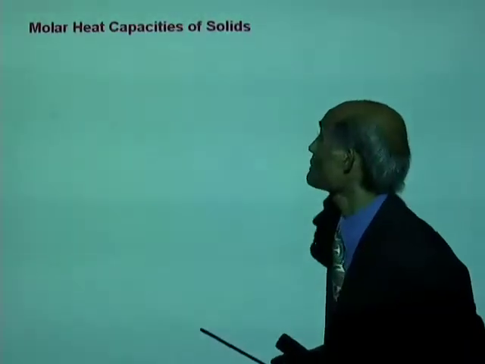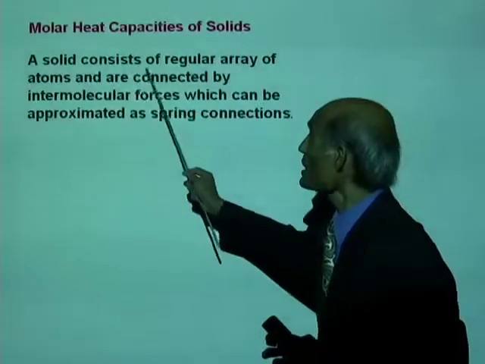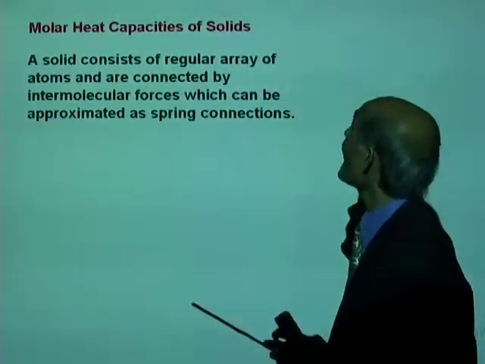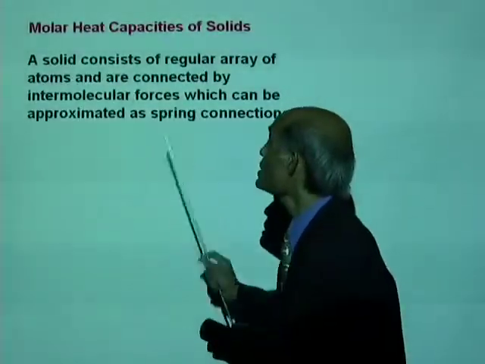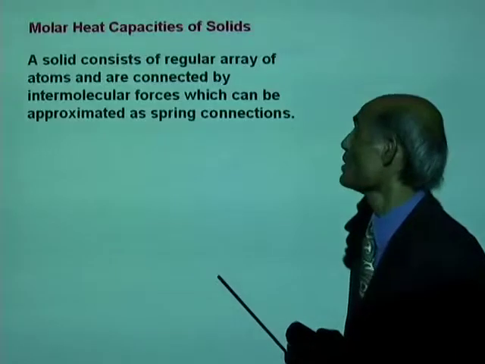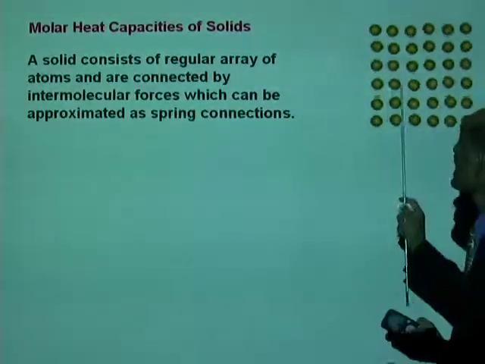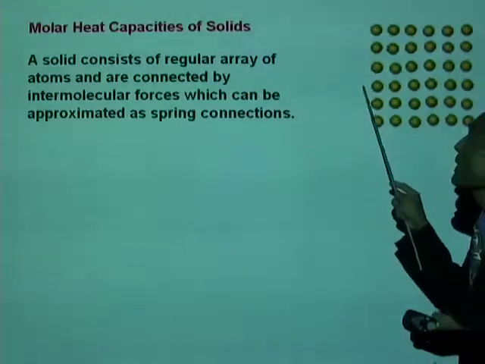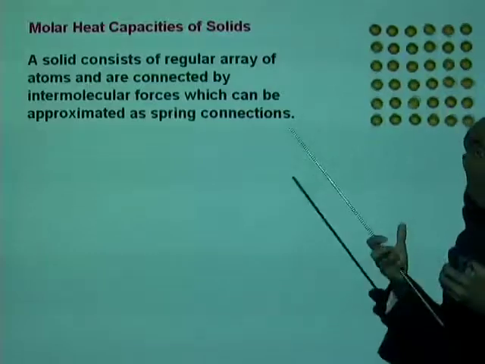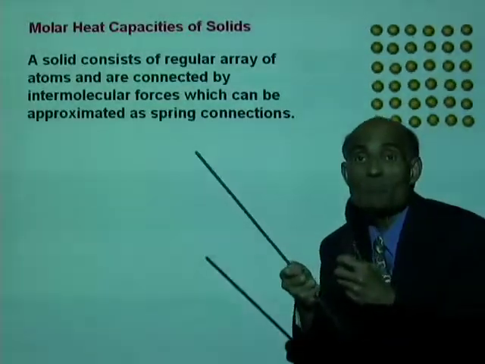Molar heat capacities of solids. Now, a solid consists of a regular array of atoms connected by intermolecular forces which can be approximated as spring connections, like this. This is what I have shown you what a solid is like. The molecules can vibrate about their mean positions.